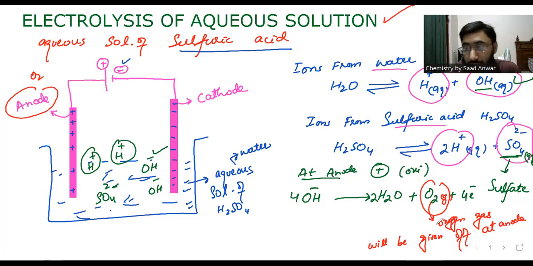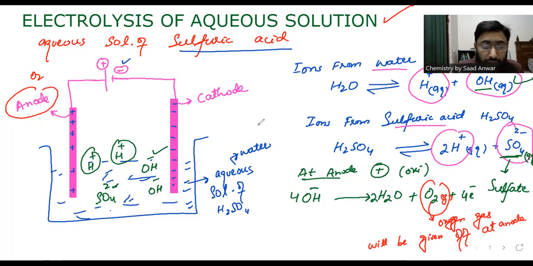Sulfate ion will never reach the anode because hydroxide ion has already approached the anode and already been discharged there. No, sulfate ion cannot reach the anode.